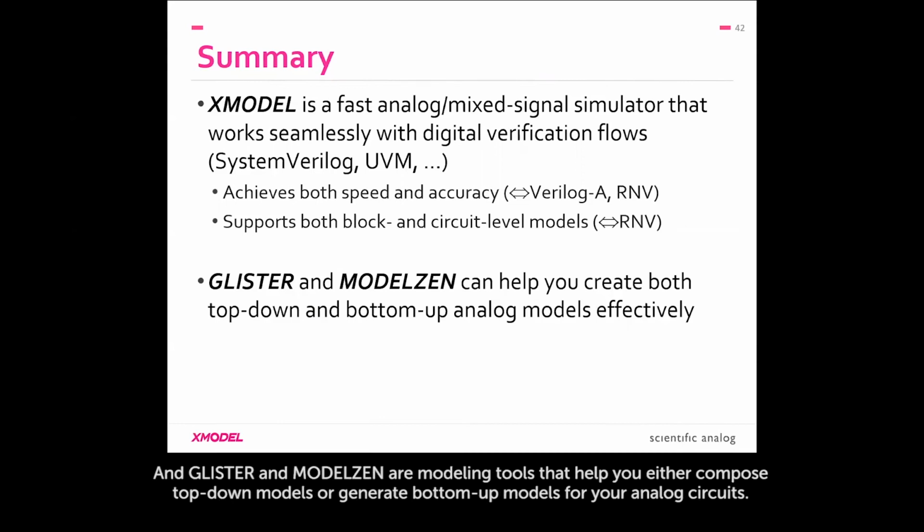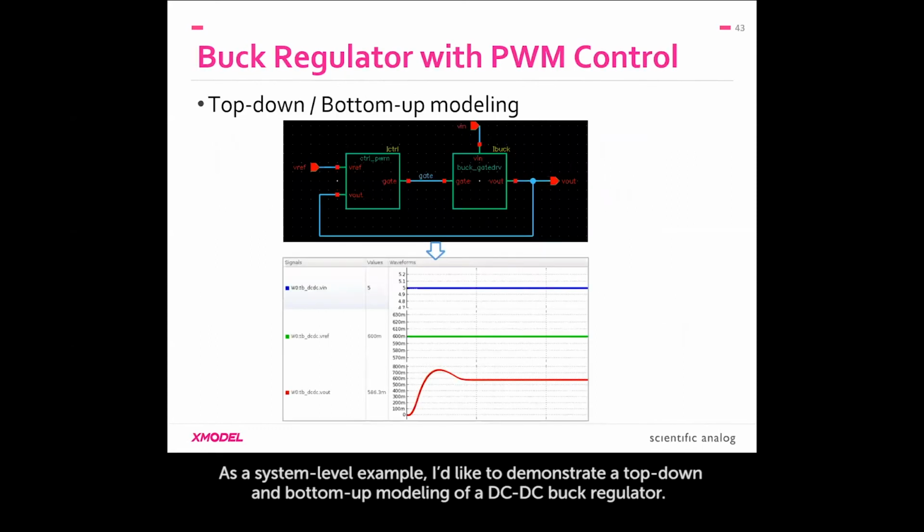And Glister and ModelZen are modeling tools that help you either compose top-down models or generate bottom-up models for your analog circuits. As a system-level example, I'd like to demonstrate a top-down and bottom-up modeling of a DC-DC regulator.